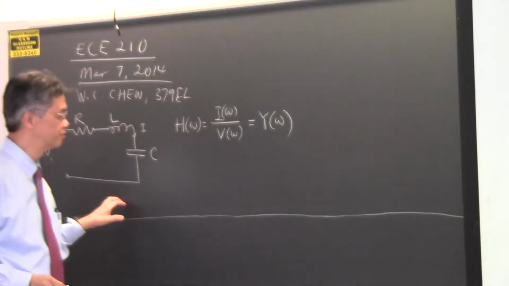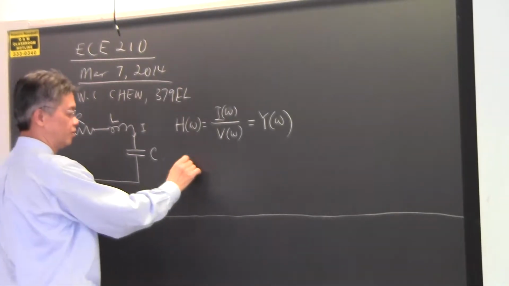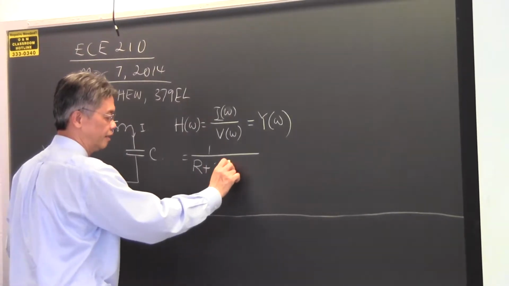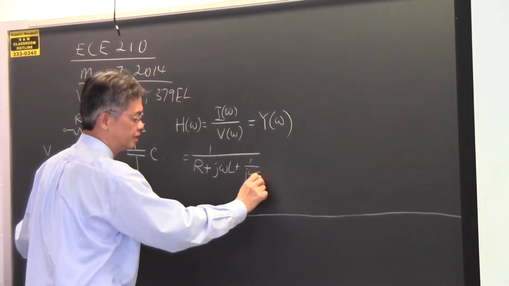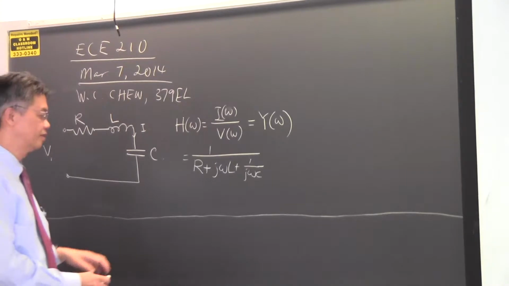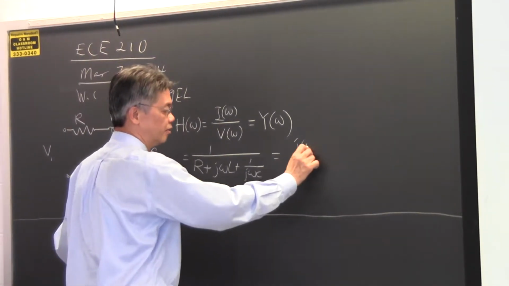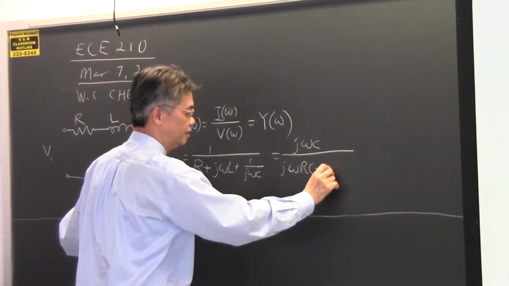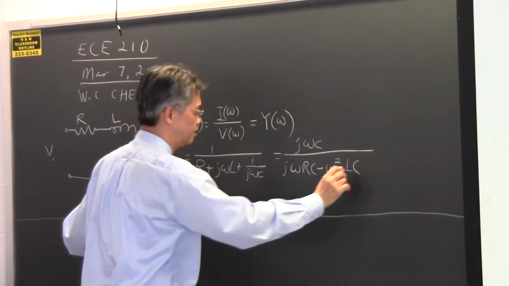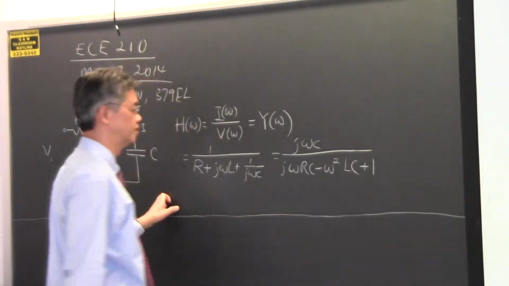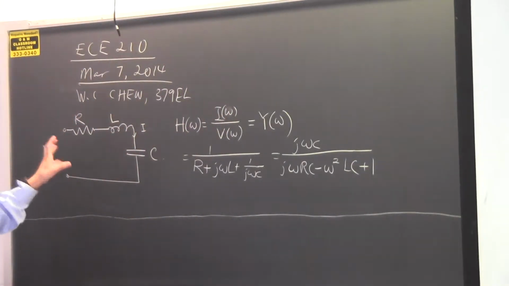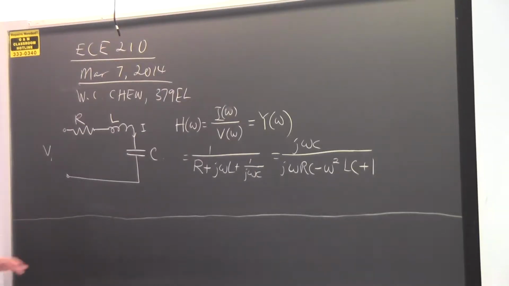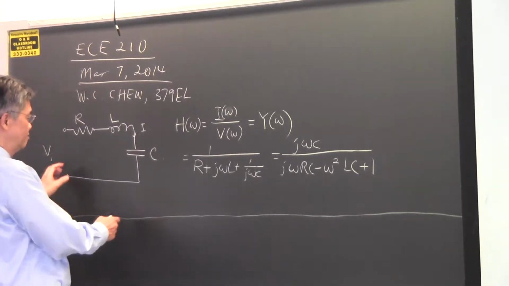This is just equal to 1 over R plus j omega L plus 1 over j omega C. And then you can renormalize this equation so that it looks something like j omega RC minus omega squared LC plus 1. So you can see that this is an RLC circuit that has resonance, but the resonance has been damped by this.